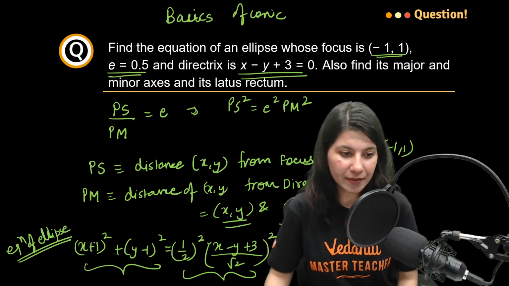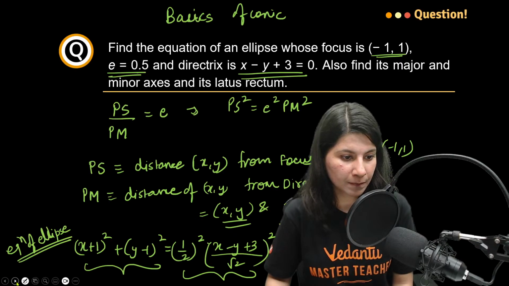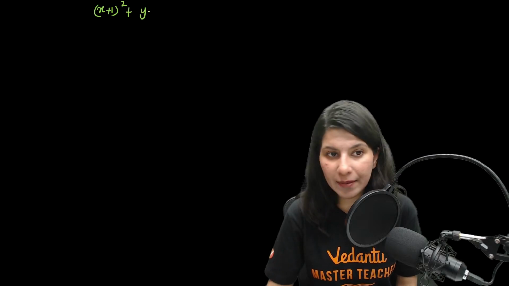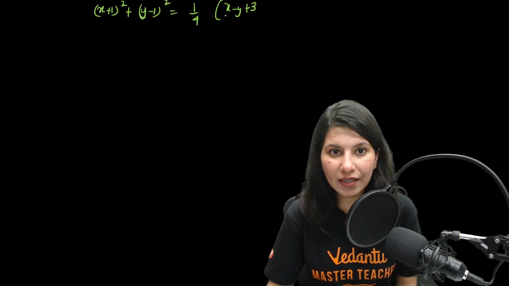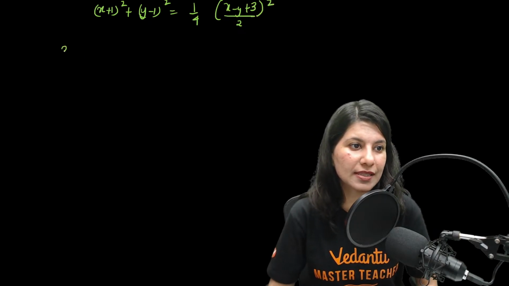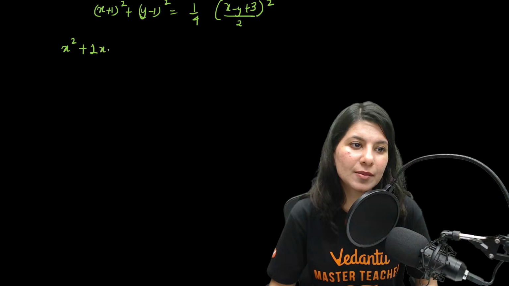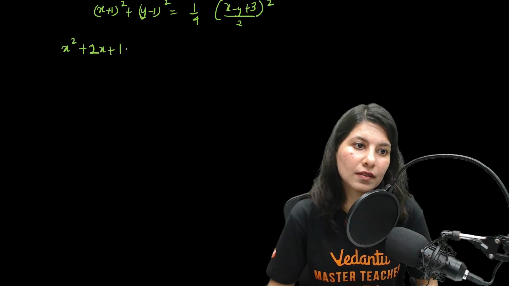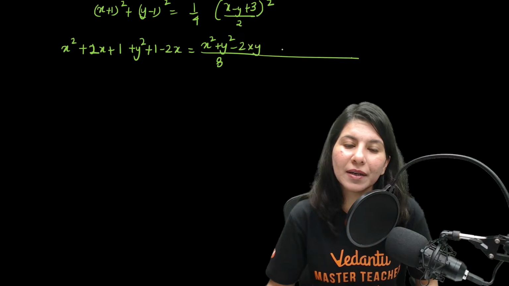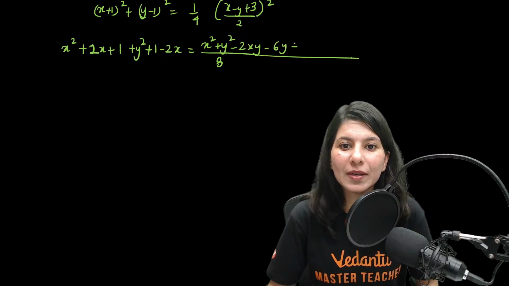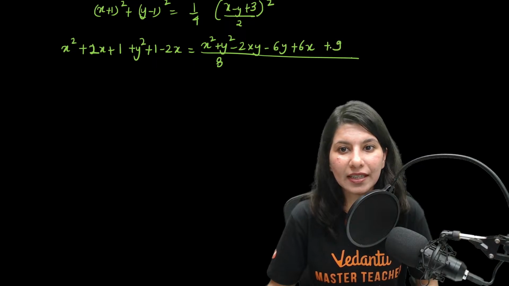Let us solve it. X plus 1 whole square plus y minus 1 whole square equals 1 upon 4 into x minus y plus 3 upon 2 whole square. So this is x square plus 2x plus 1 plus y square plus 1 minus 2y equals, it will be 8 into x square plus y square minus 2xy minus 6y plus 6x plus 9.